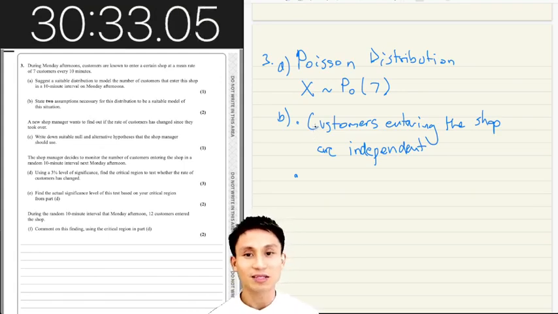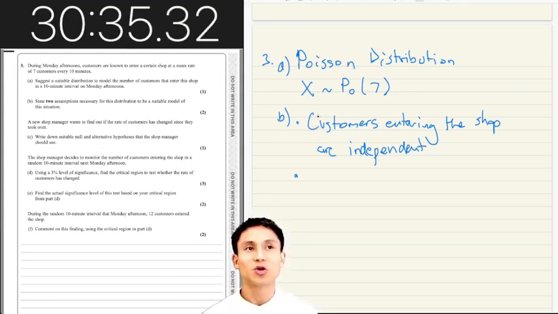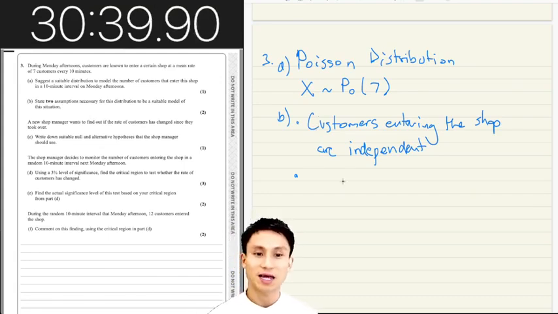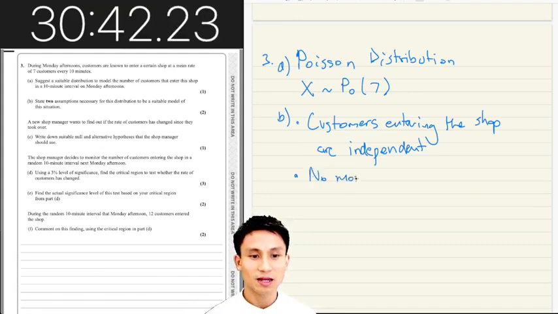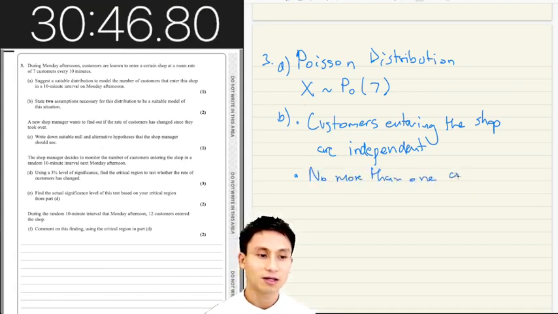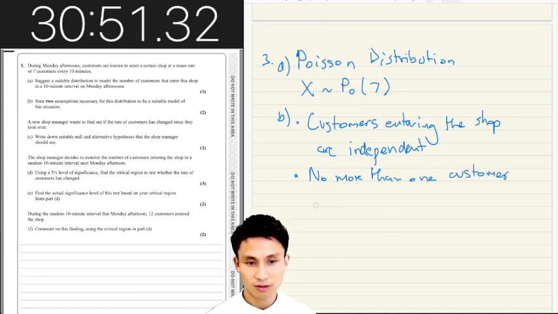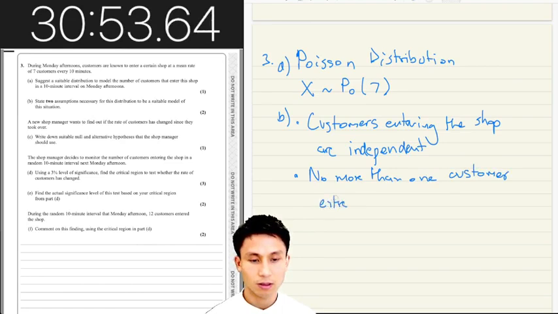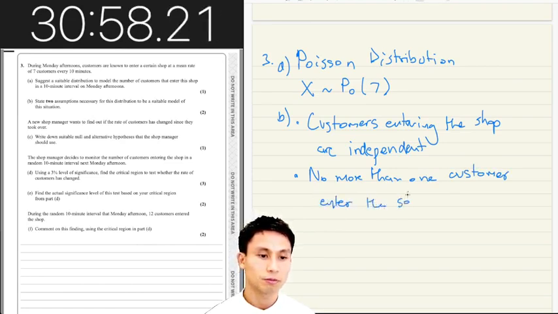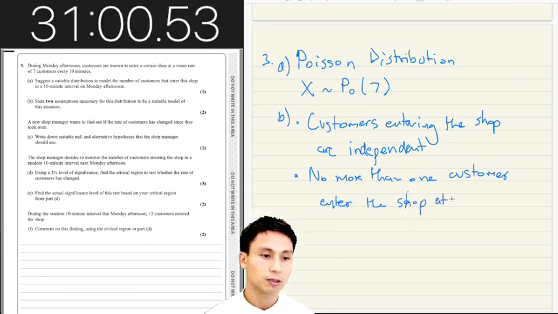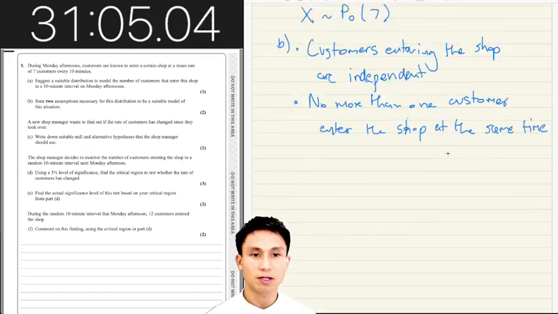Normally in time, like no 2 customers enter the shop at the same time. We can write something like that: no more than 1 customer enters the shop at the same time. My handwriting is so bad there, guys.